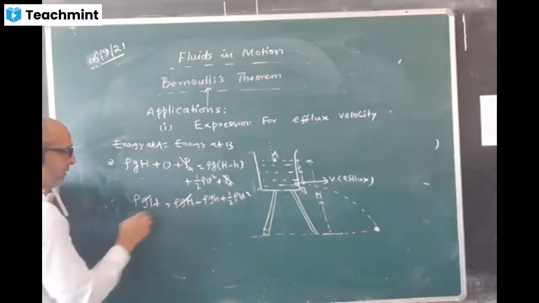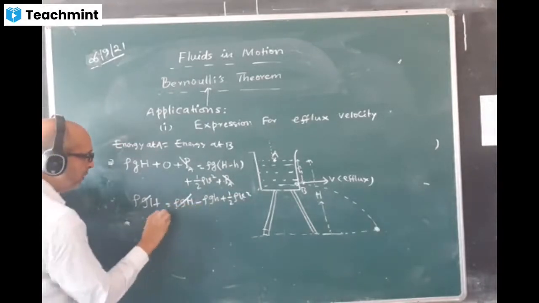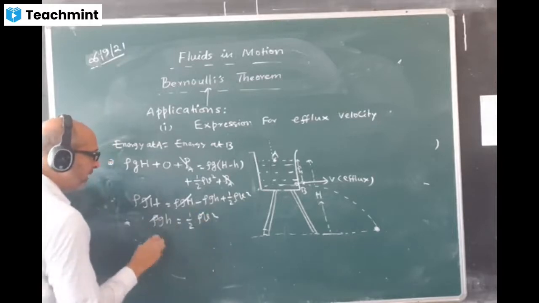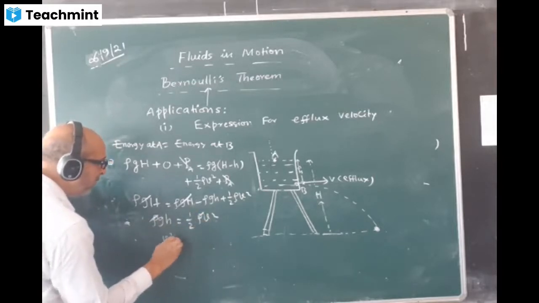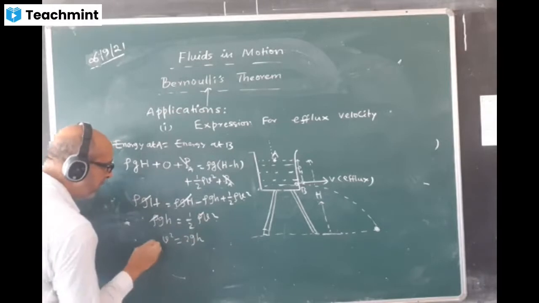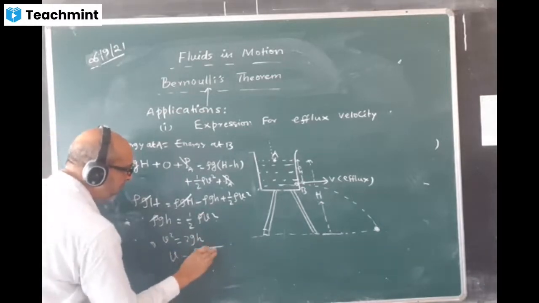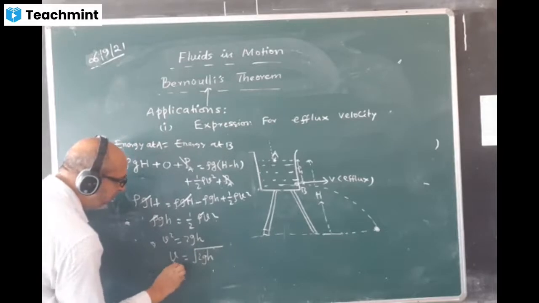Rho g H cancels, rho g h comes to this side: rho g h equals half rho V square. Rho and rho cancel. Cross multiply, V square equals 2gh, or V equals root 2gh. This is called the velocity of efflux.